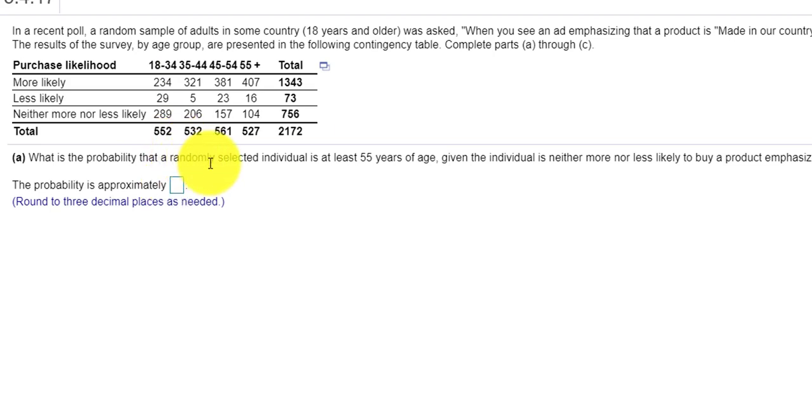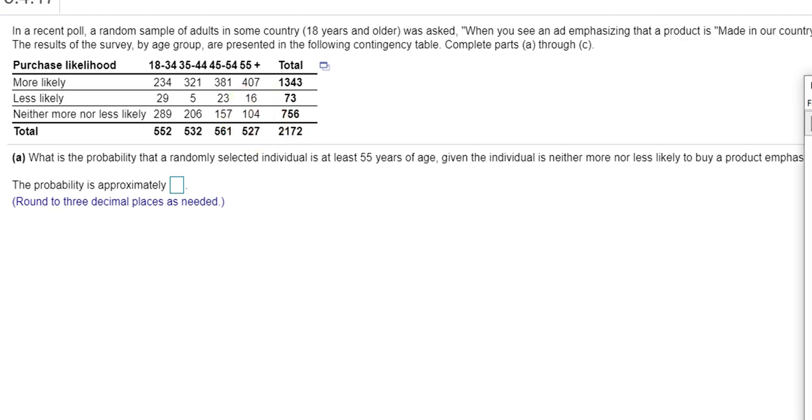What is the probability that a randomly selected individual is at least 55 years old, given that the individual is neither more nor less likely to buy the product? So we're looking in this bucket here. 756 people are neither more nor less likely, so it's given that this is our pool.